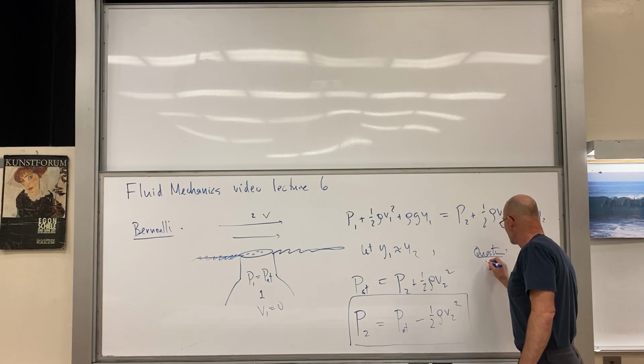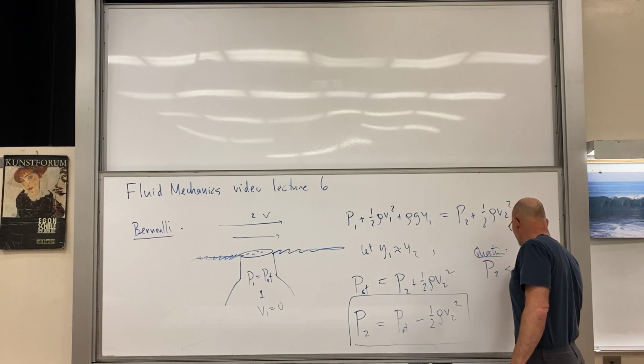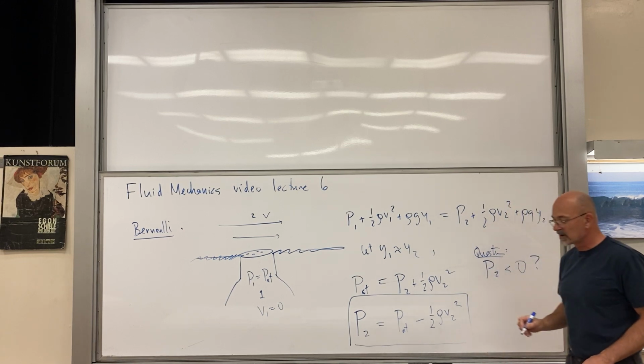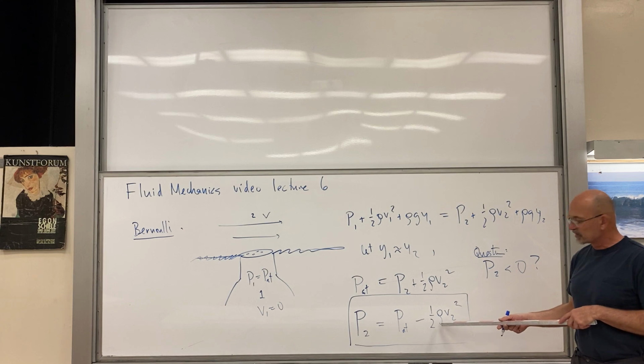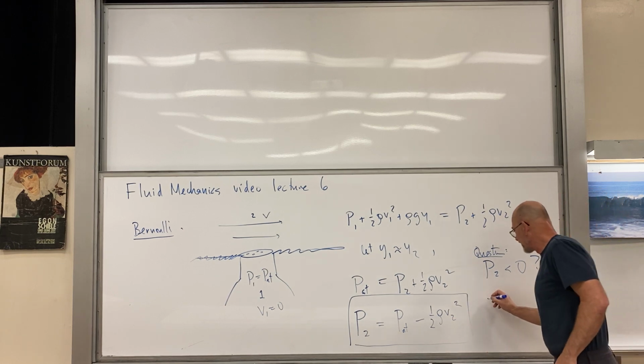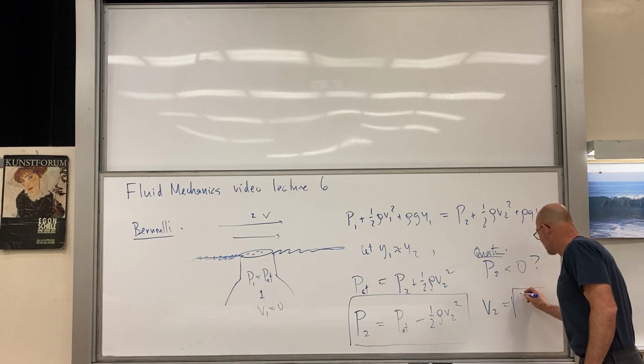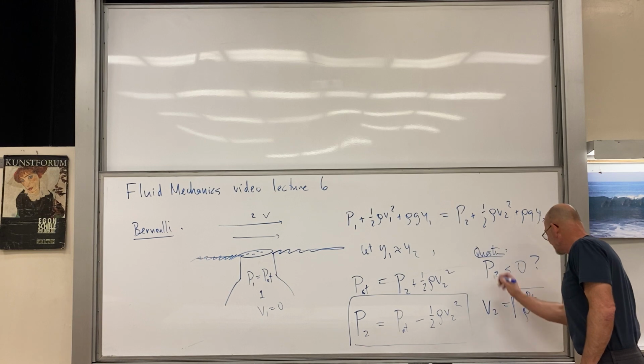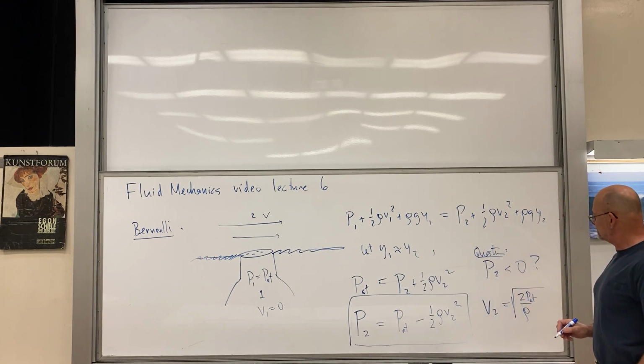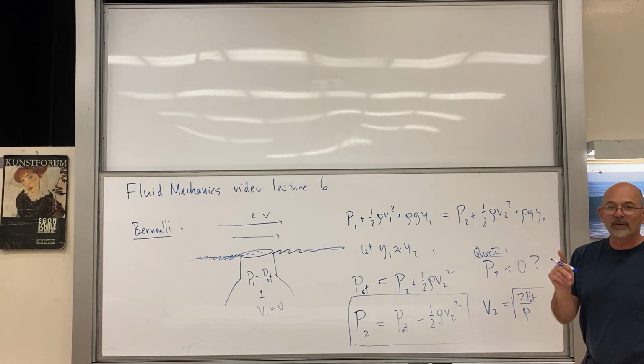Question: P sub 2 less than 0? Well, at any rate, there's a critical speed. We would have V sub 2 be just the root of 2 atmospheric pressures divided by the density. And I'm going to leave it right there.